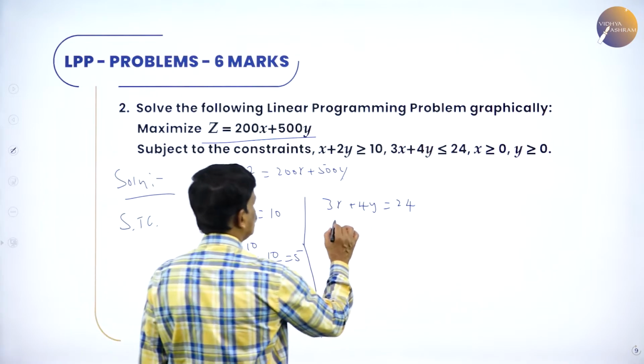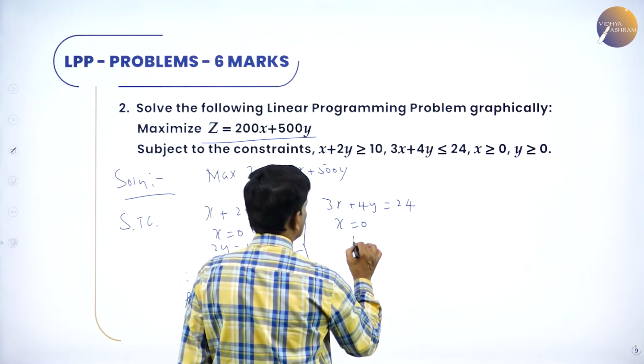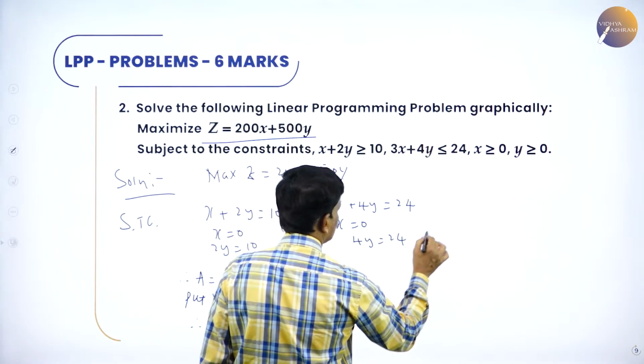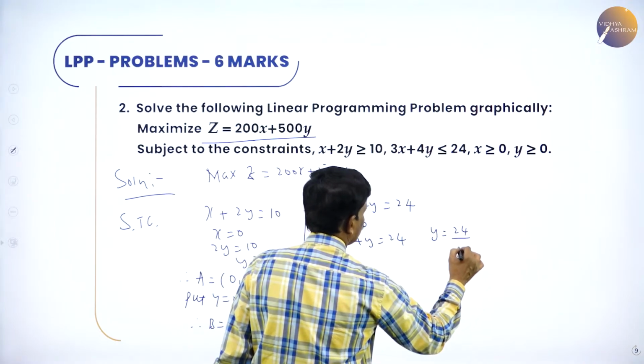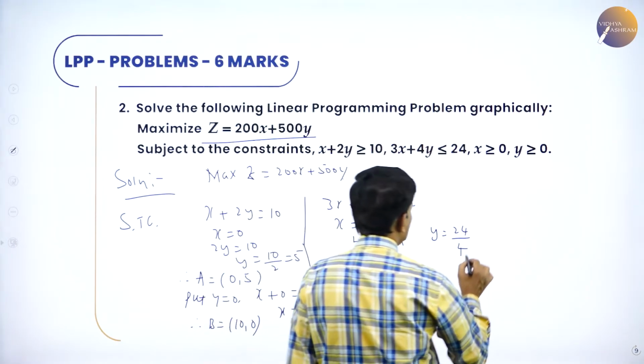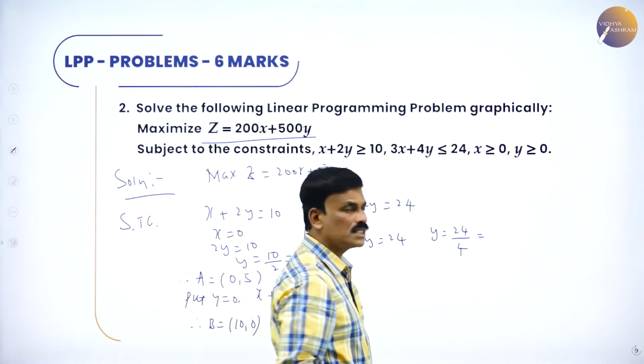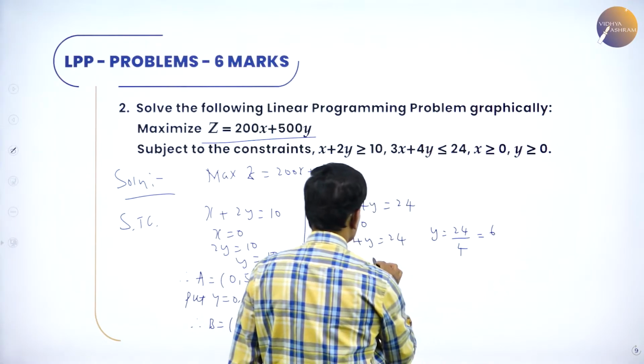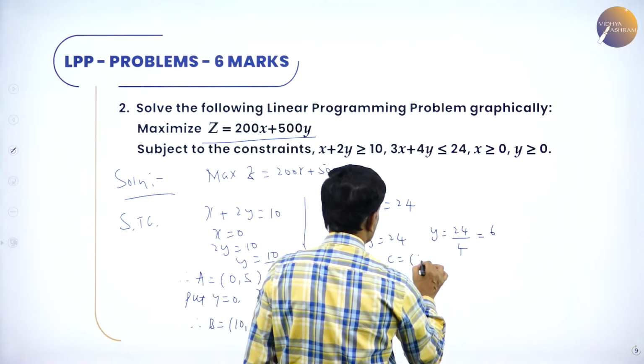Now, find out for the second equation. Put x equal to 0, then 4y equals 24, y equals 24 by 4, which is 6. Six 4s are 24. So the point C is 0 comma 6. Similarly, put y equal to 0.